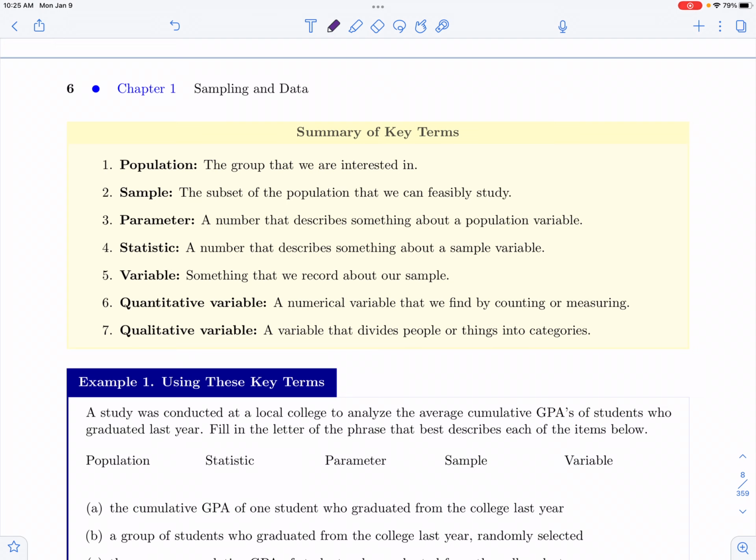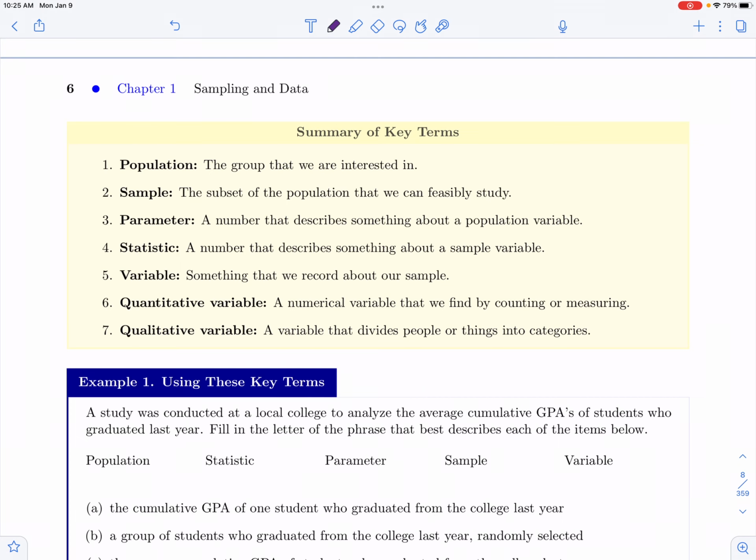A statistic is a number that describes something about the sample, so again, sample mean, sample standard deviation. Our variable is something that we record about our sample, so someone's individual data score. Quantitative variables are going to be numeric. Qualitative variables are going to be ones that are broken into categories.